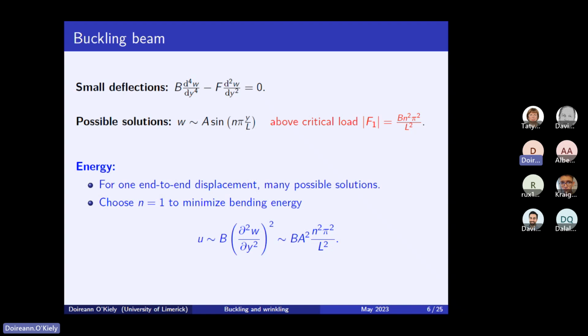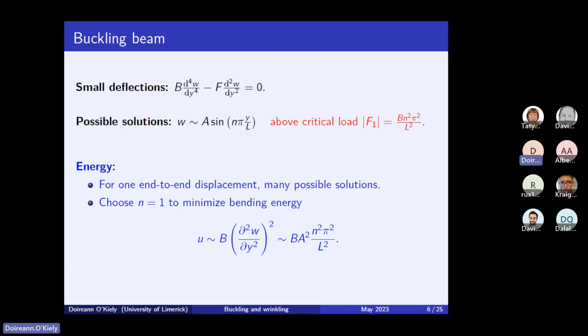Okay, so in this system, there is an energetic cost associated with bending the beam, which is a bending stiffness times a curvature squared. And so if you think about taking derivatives of this, you're going to minimize it by minimizing n. Okay, so you choose n equal to 1, and in the real world, you only ever see a buckling solution that's just one sine curve.